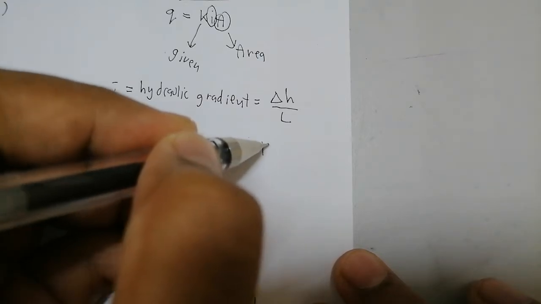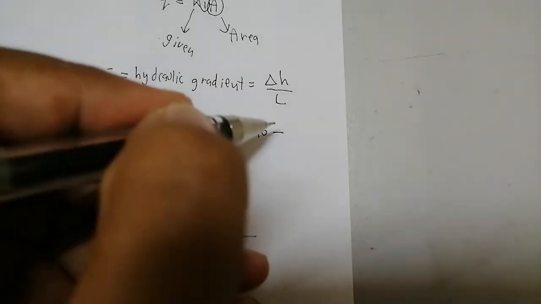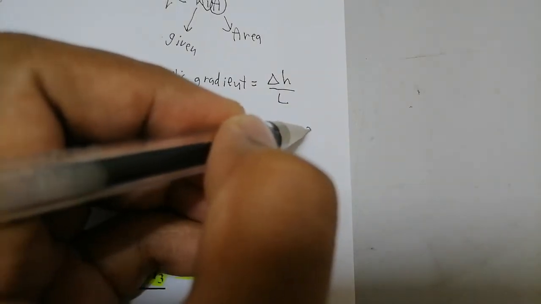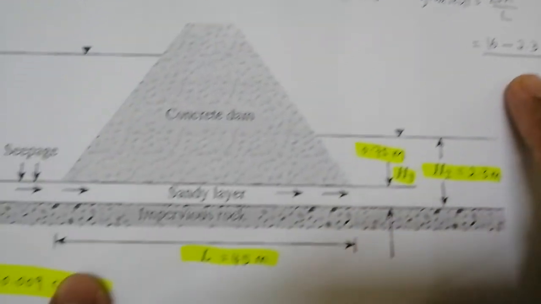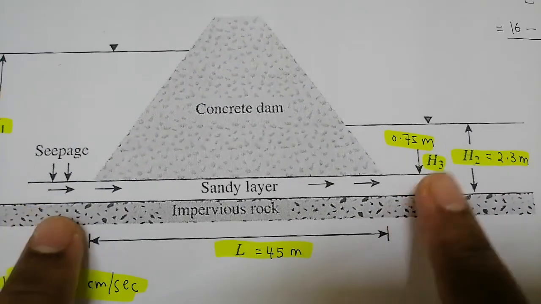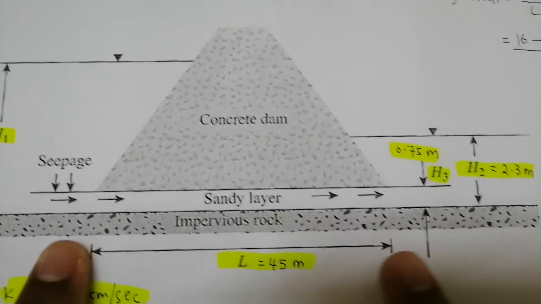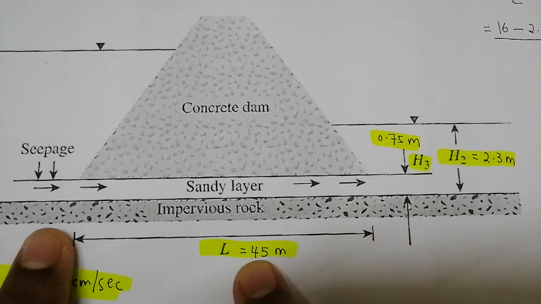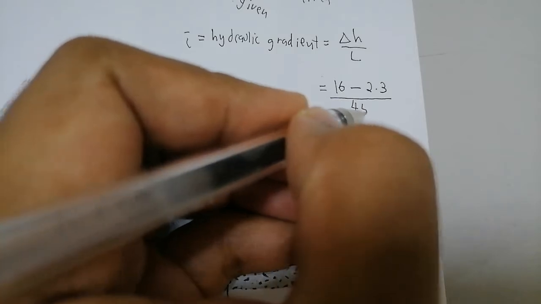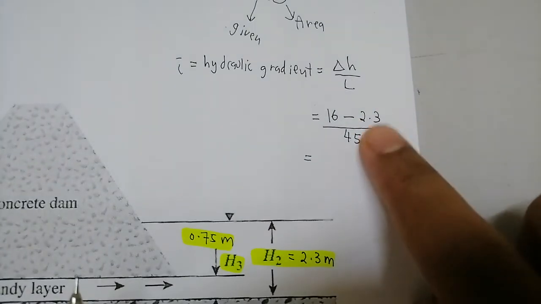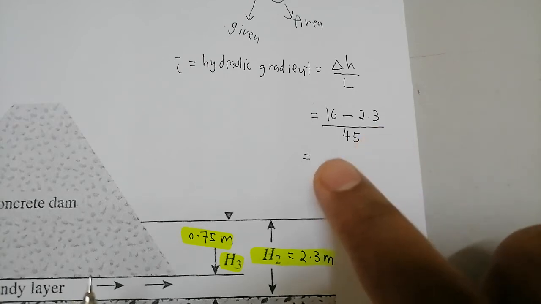We're gonna write here 16 meter minus H2, which is 2.3 meter, divided by L. So L is the length where the hydraulic gradient occurs, which is equal to 45 meter. So over 45 meter.